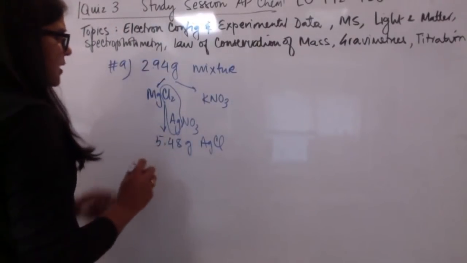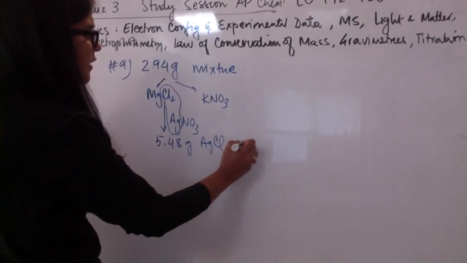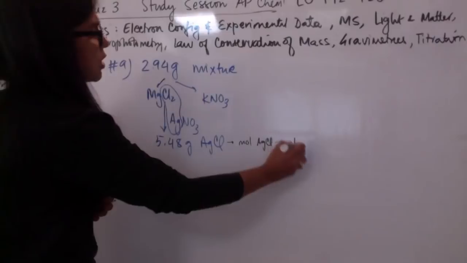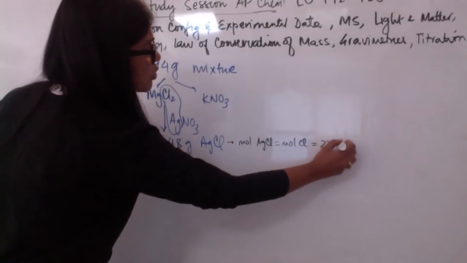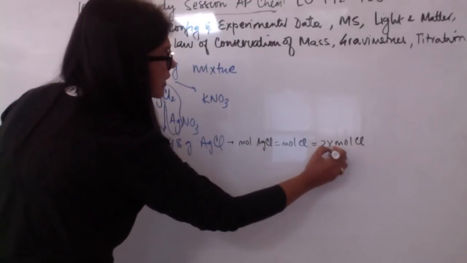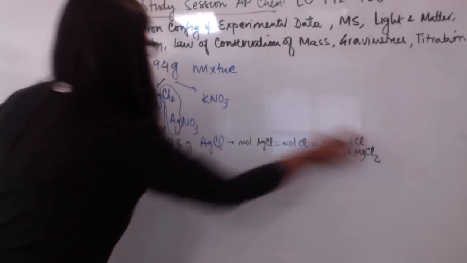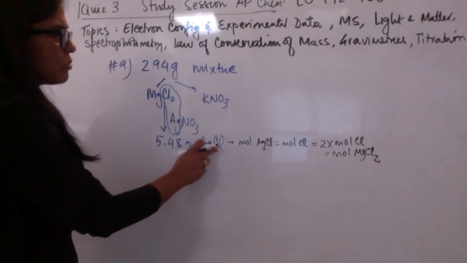The thought process here is, from grams of AgCl we get moles of AgCl, that will be equal to moles of Cl, and 2 times moles of Cl are equal to moles of MgCl2, because in MgCl2 there are 2 moles of Cl, and in AgCl there's 1 mole of Cl.